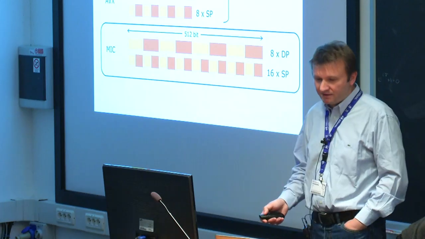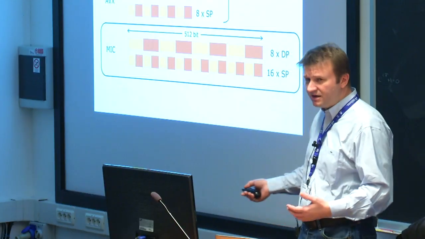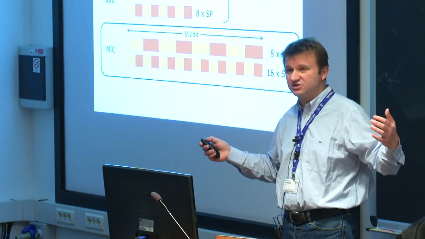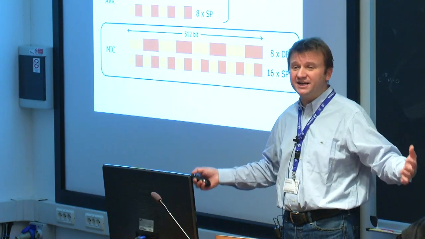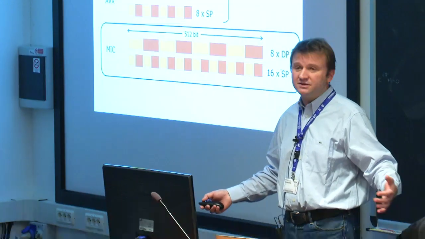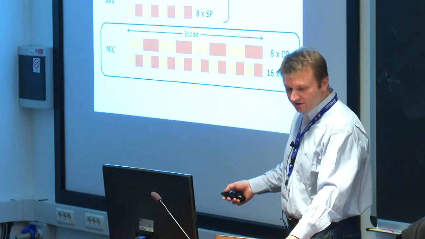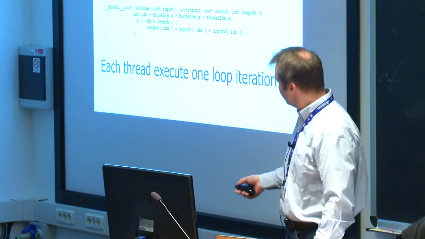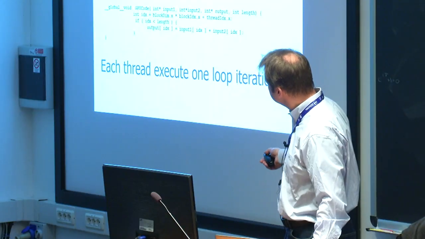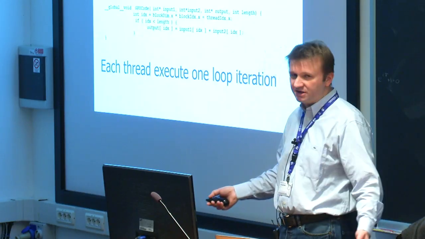Now the loop index becomes a vector index. In order to take advantage of this hardware, I need to split my loop in chunks so that each chunk contains at least 16 floating point operations. This is true also for the GPU, because these instructions are not independent from each other.